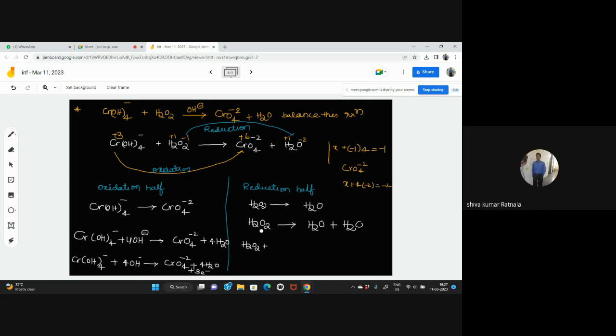Okay, see here, two hydrogens are less, so we will add two H2O here. At the same time, we will write 2 OH minus outside. Now see, oxygens are balanced, yes or no? Now see, students, balanced or not?